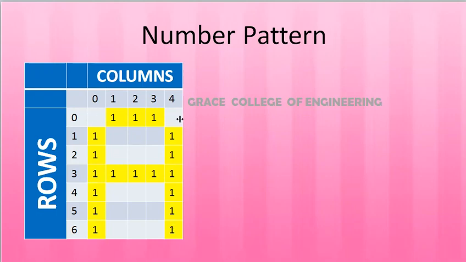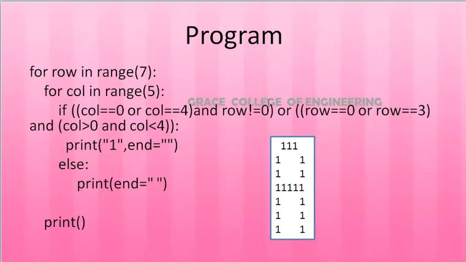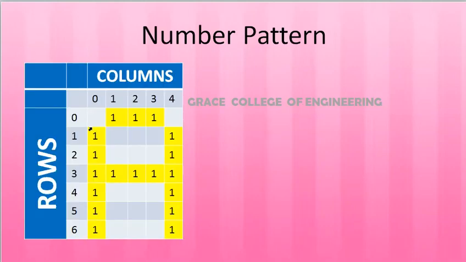And the row must not be equal to 0. That I want to mention. Here I mentioned: column equal to 0 or column equal to 4 and row is not equal to 0. If I give this condition, then these ones and these ones will be printed.